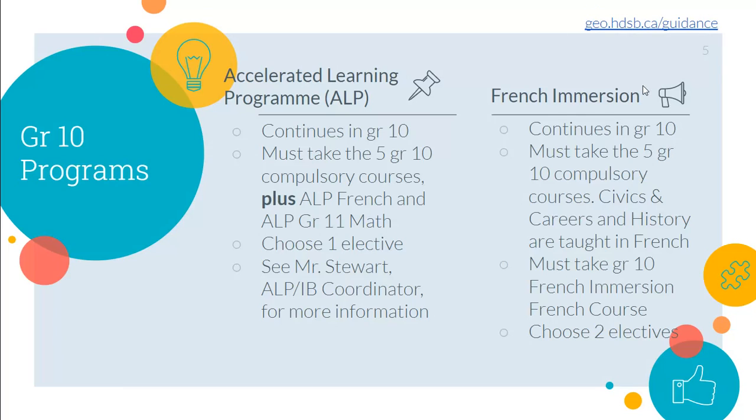They do not offer it in French. So if you're continuing in French immersion into grade 10, you will be required to take civics and careers and the history during the school year in the French language. You then have the ability to choose 2 electives on top of the grade 10 French immersion French language course.